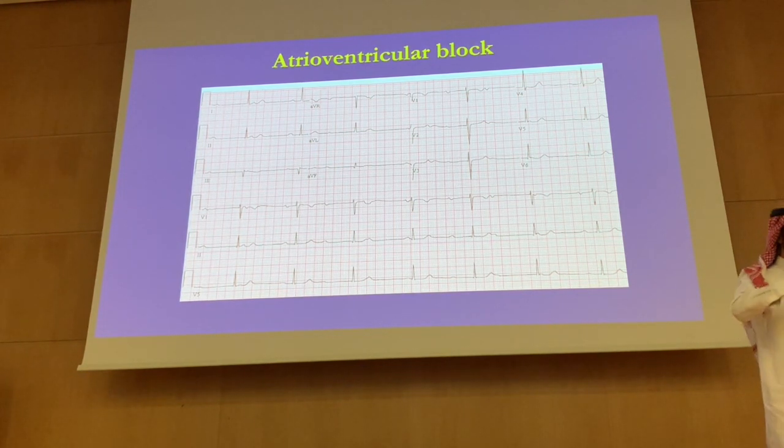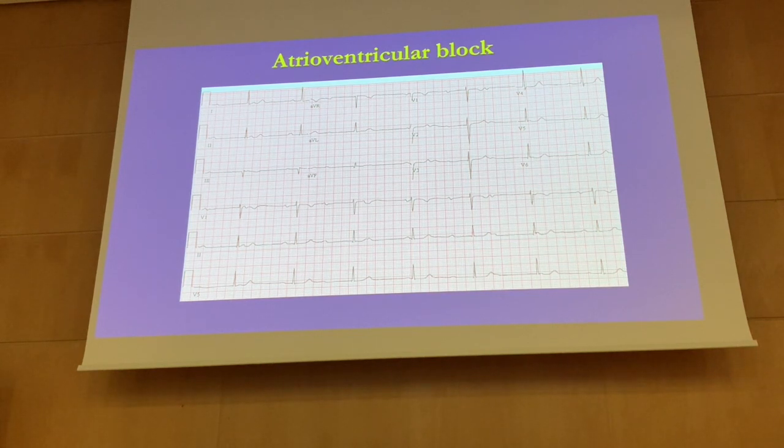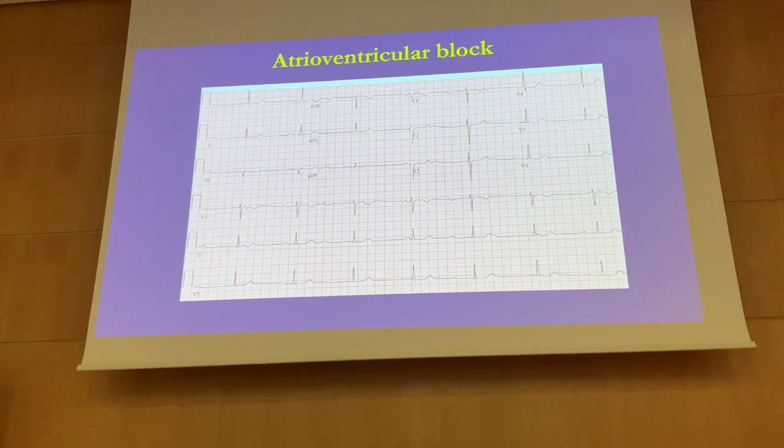So they call it complete dissociation. Why? Because the AV node is very sick. So if it is sick, it will not allow all the impulses. No, it will block. Because the AV node knows the atria has its own rhythm and the ventricle has its own rhythm. No problem.